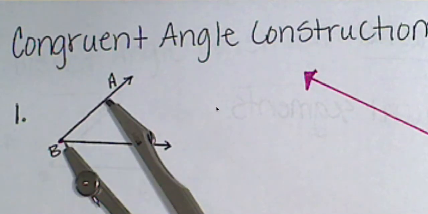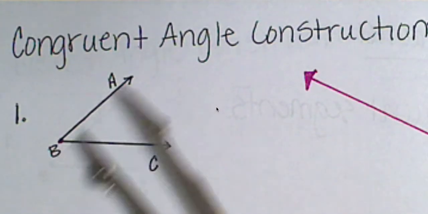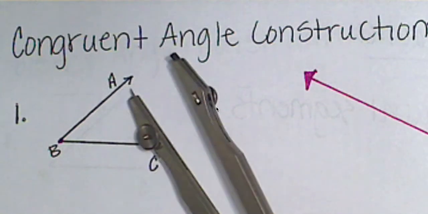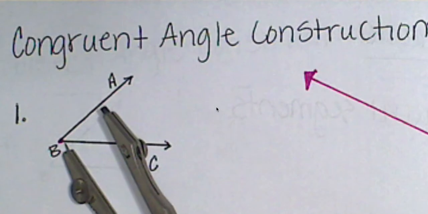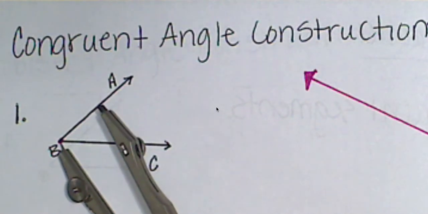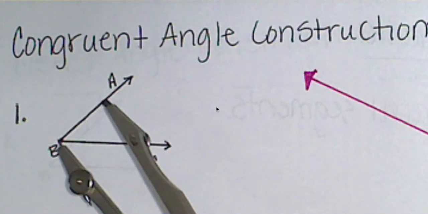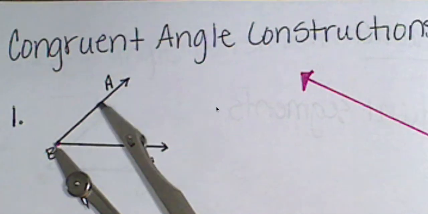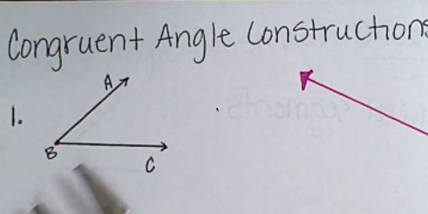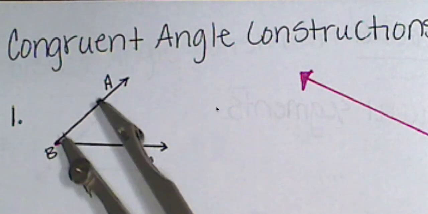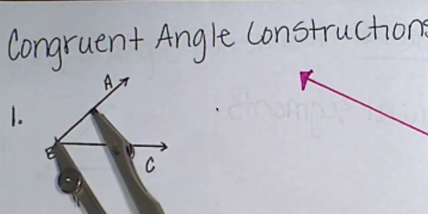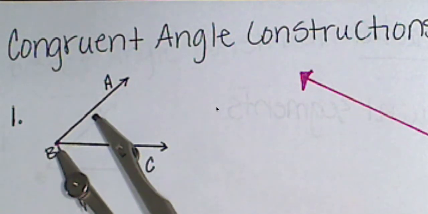In your line segments, it had to be the exact measurement from one point to another, but because an angle is created by two rays meeting at a vertex, it does not have to be an exact measure. It has to be some measure. Now we want to make sure that we don't go too large so that we're creating a huge drawing, but we also don't want to make it so small that it is difficult to see and work with. So I like to go for average, or somewhere in between.